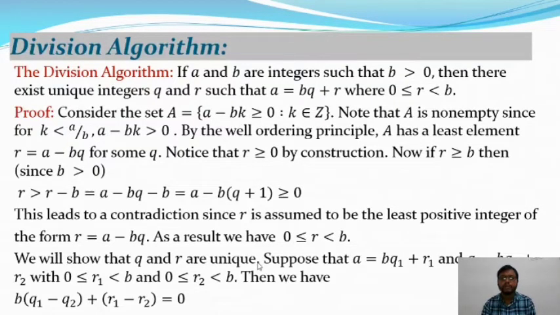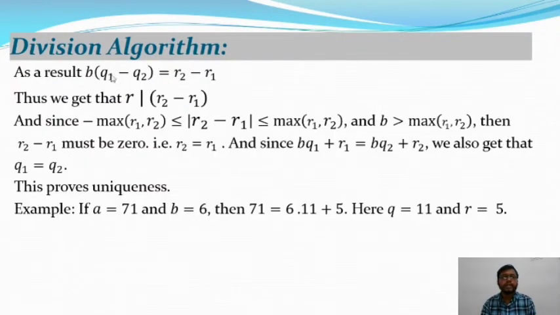It is also given, and we will show that q and r are unique. Suppose that a is equal to bq1 plus r1 and a is equal to bq2 plus r2, where r1 lies in 0 to b and r2 also lies in 0 to b. Then we have b into q1 minus q2 plus r1 minus r2 equals 0. So b into q1 minus q2 is equal to r2 minus r1.